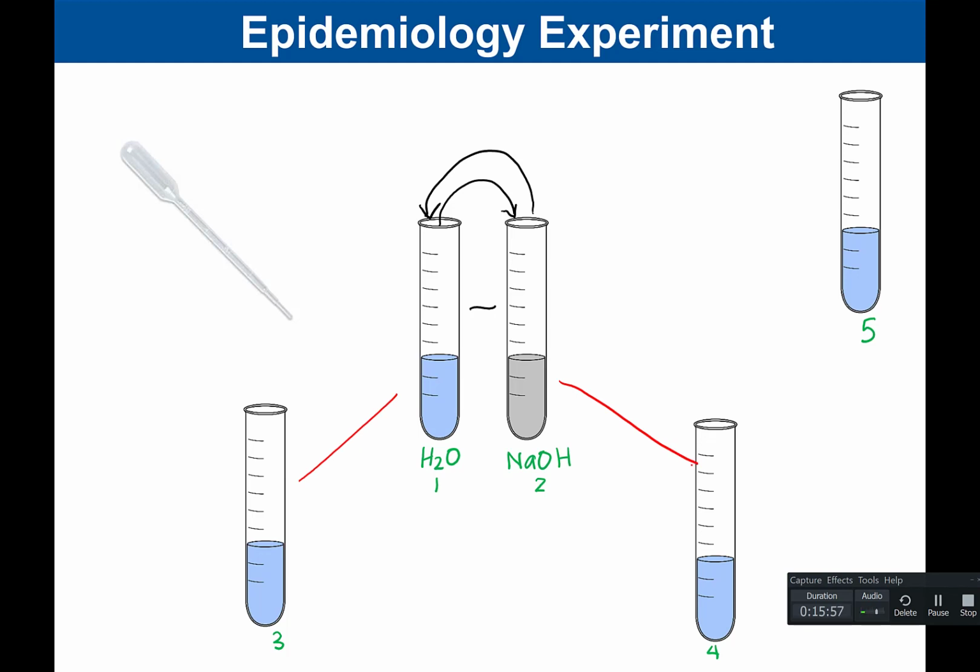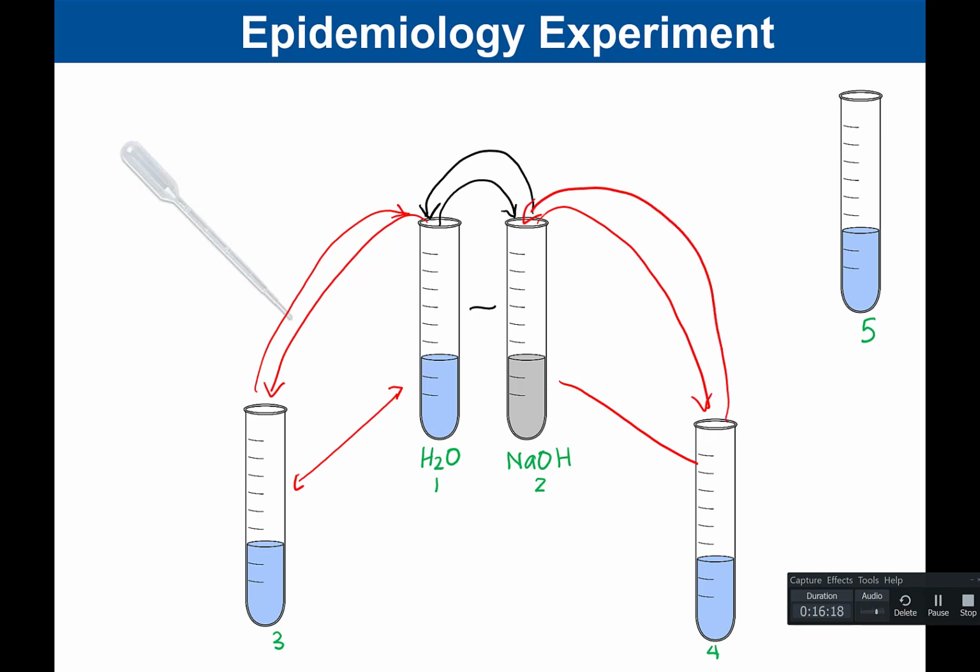So again, you would get up in the class, you would mingle throughout the classroom, you would find another student, and you would exchange body fluids. So again, you would use your transfer pipette and you would take liquid and exchange the liquids between the tubes. And so that would be your sexual contact. So you've now made 2 contacts, right?